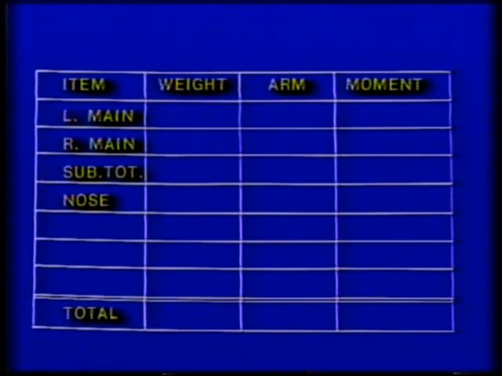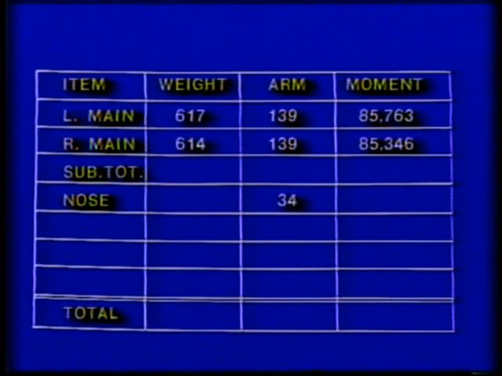The nose wheel is 34 inches aft of the datum. The main wheels are 139 inches aft of the datum. The weight on the left main is 617 pounds, on the right main 614 pounds, and on the nose wheel 152 pounds.